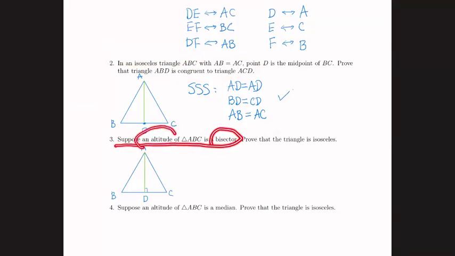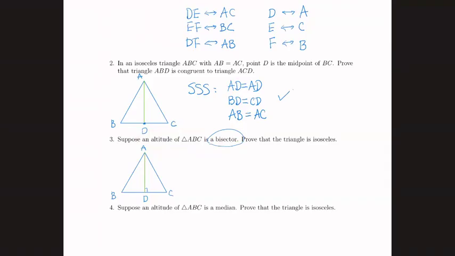So it's bisecting. That means BD equals DC, and normally, when we say bisector, this means the angle bisector.